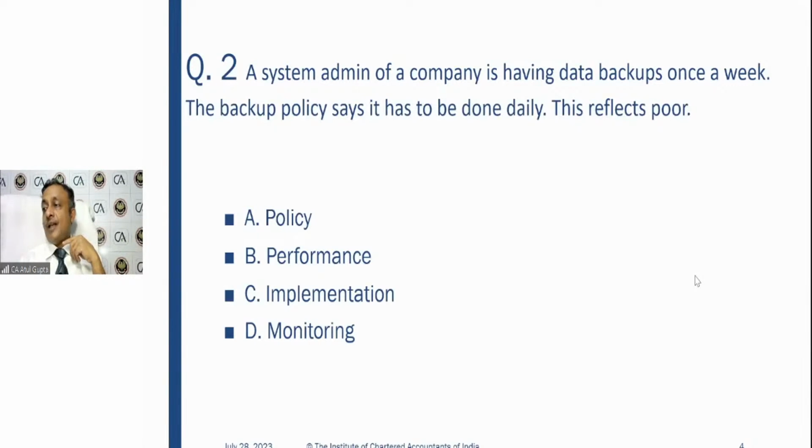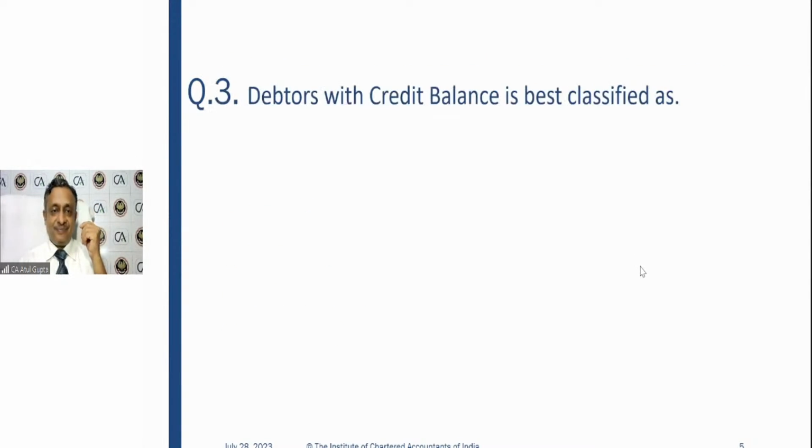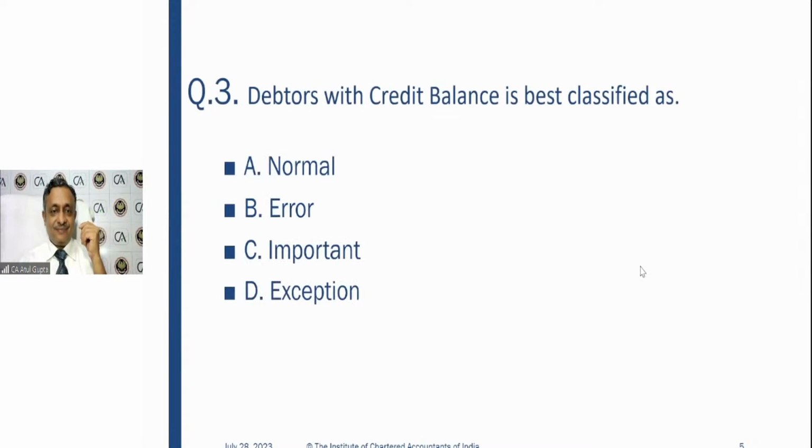Vaishali says 2D. Darshan says 2D. Yes, automated was correct. D, monitoring. Someone has to see whether it is being done or not. Change, monitor. Each of the questions we have discussed.